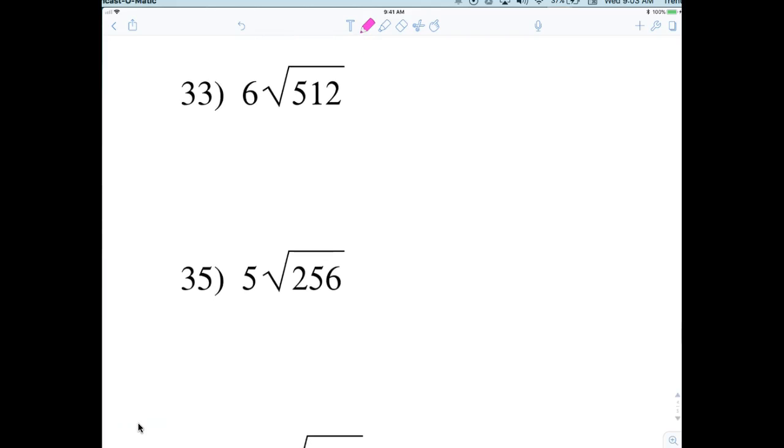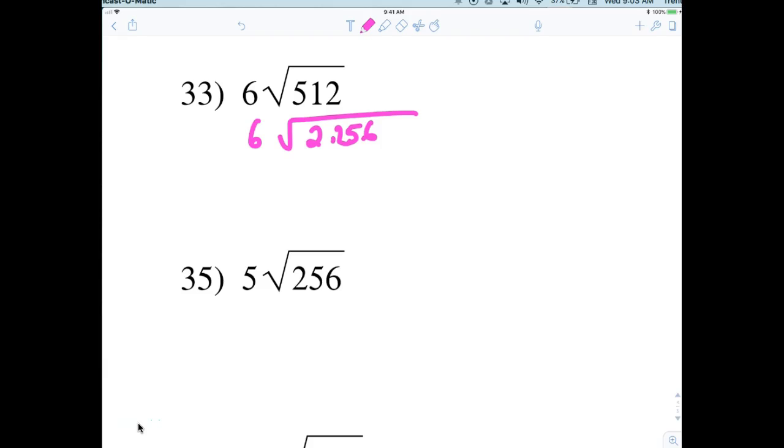512. It's kind of annoying. 256 times 2. Now look, that's a really good problem. 256. Now, try the square root of 256. 16. All right, I do 256 enough to know that's a perfect square. If you don't know that, you would just keep breaking it down.